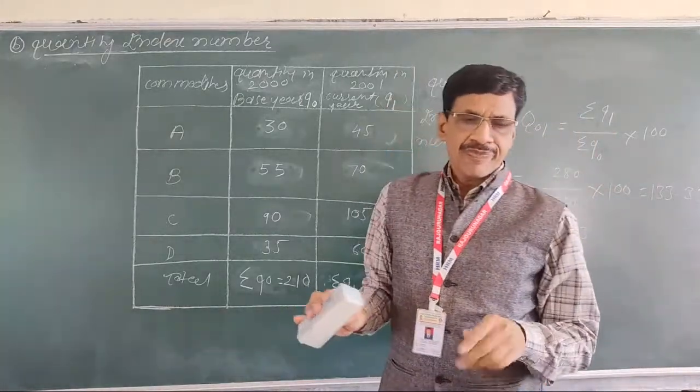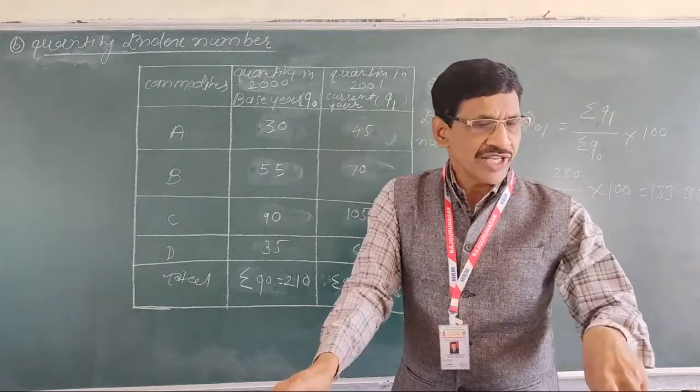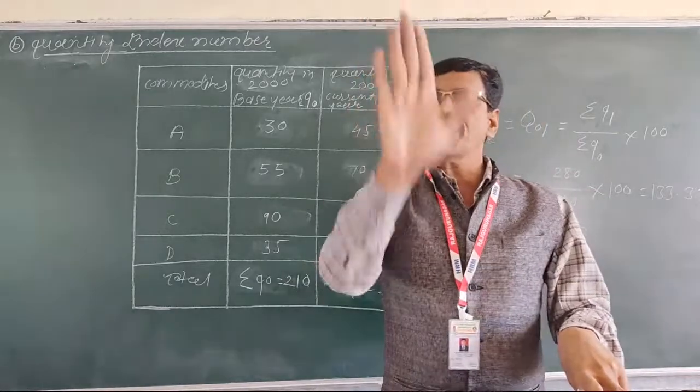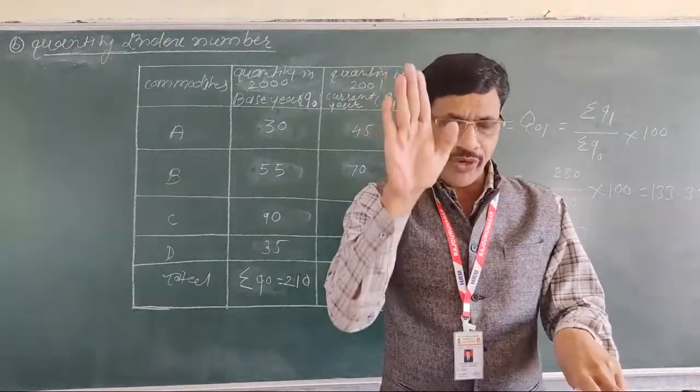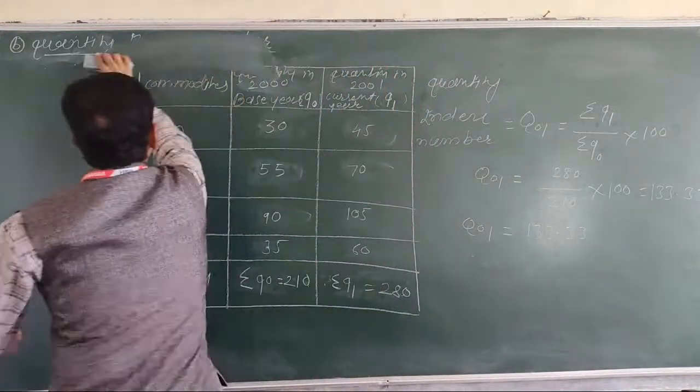Then third, the value index number. Now, how many methods does the simple index number include? Price index number, quantity index number, and value index number.